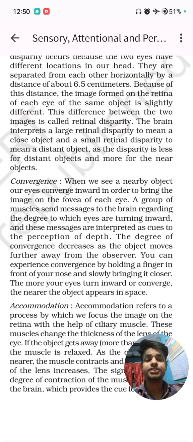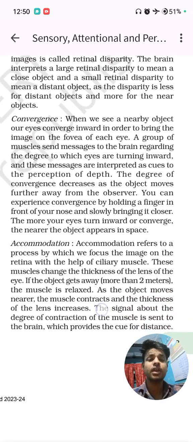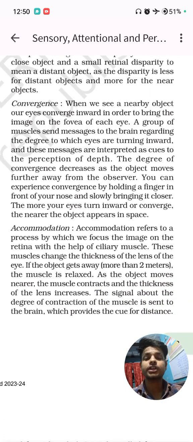Because of this distance, the images formed on the retina of each eye of the same object are slightly different. The difference between the two images is called retinal disparity. The brain interprets a large retinal disparity to mean a close object and a small retinal disparity to mean a distant object, as the disparity is less for a distant object and more for a near object.